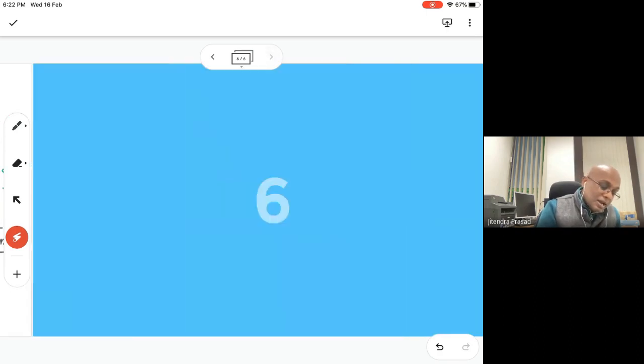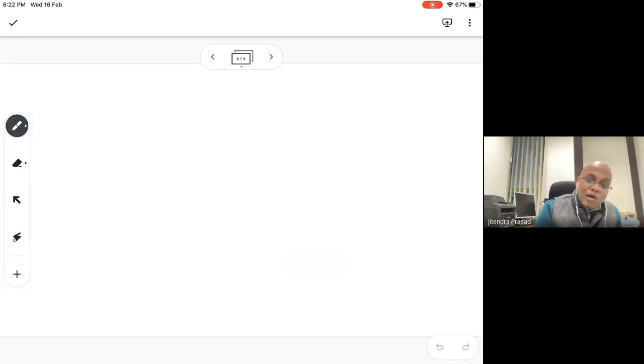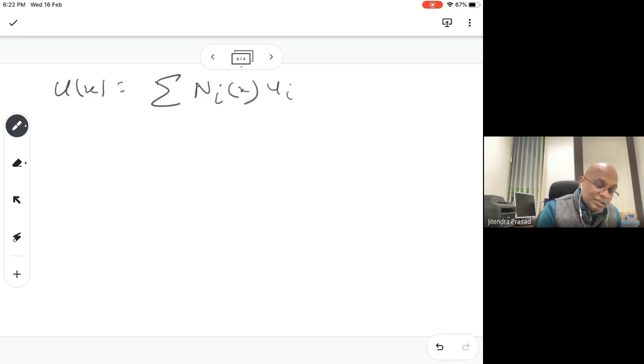Okay. Now, how to find out N1? Here we will have 3 interpolation functions. So you write U(x) equal to summation of Ni(x) Ui, right? So here we are writing Ui, I equal to 1, 2, 3.